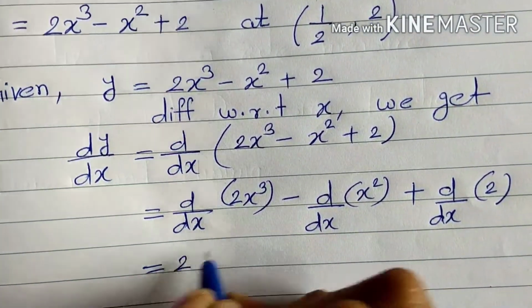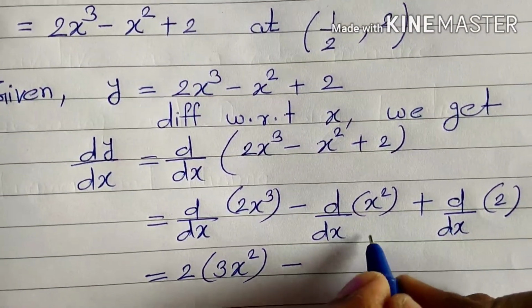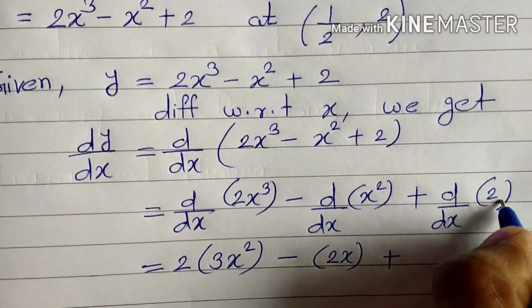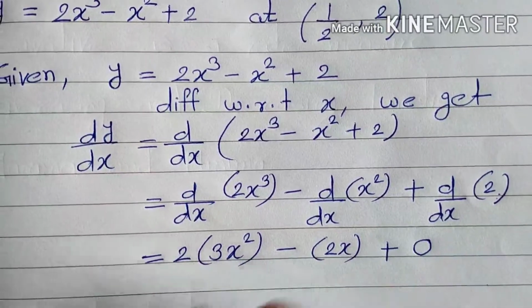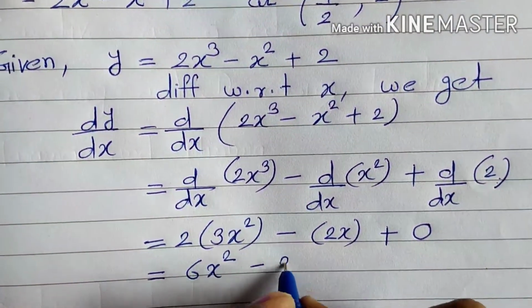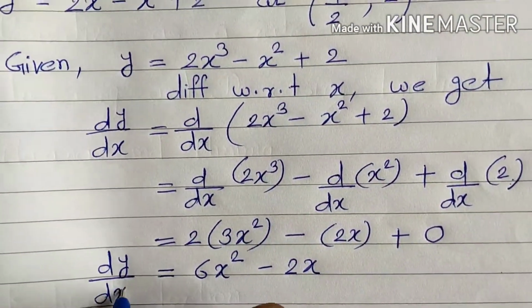So 2 times derivative of x cube is 3x square, minus derivative of x square is 2x, and derivative of this 2 which is constant will become 0. So we get only 6x square minus 2x. So it is dy by dx.